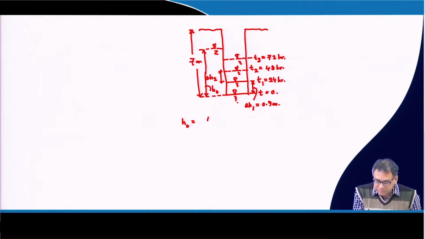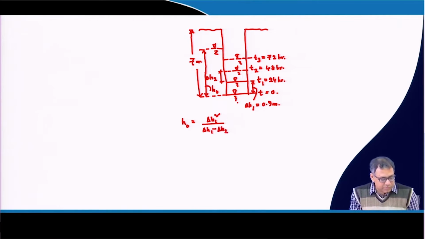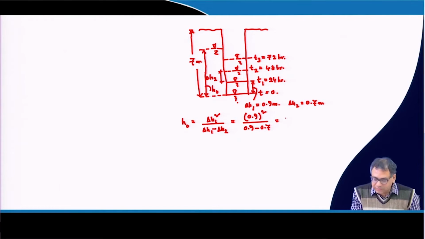The h 0 expression we know is del h 1 square divided by del h 1 minus del h 2. We can put some value, say del h 2 is 0.7 meter. So, 0.9 square divided by 0.9 minus 0.7, so this will be roughly 4 meter.